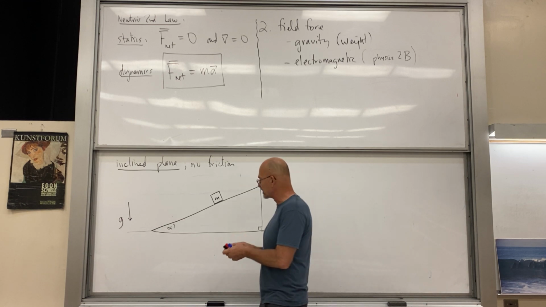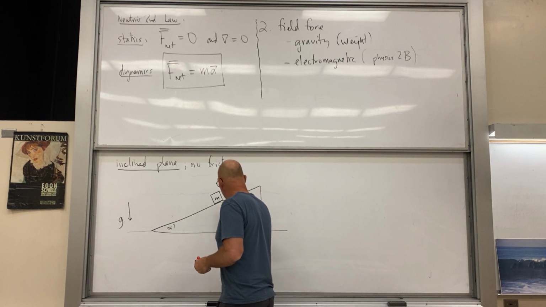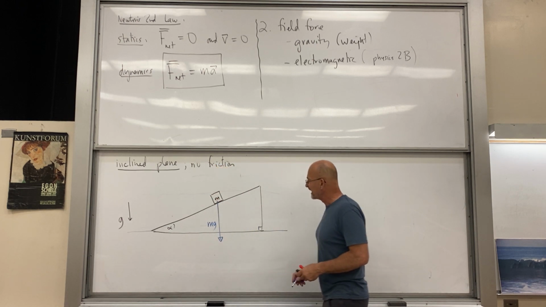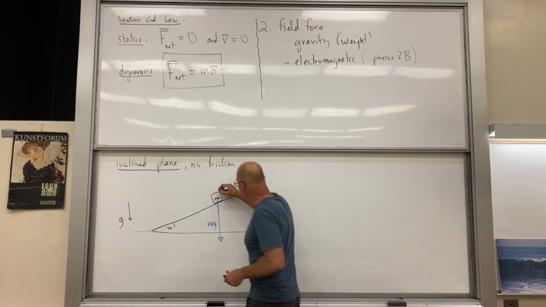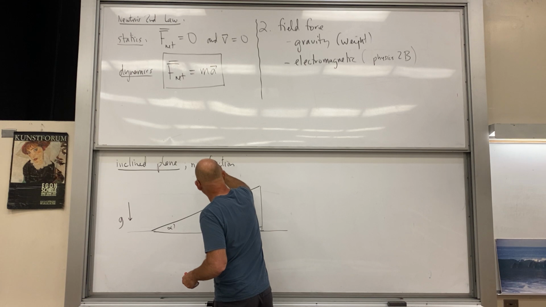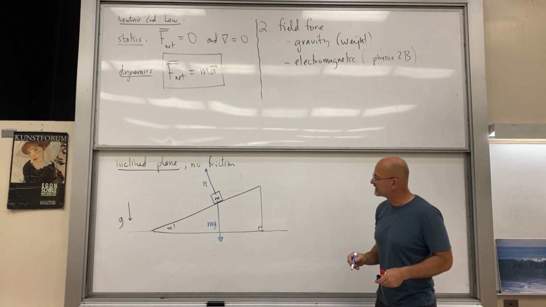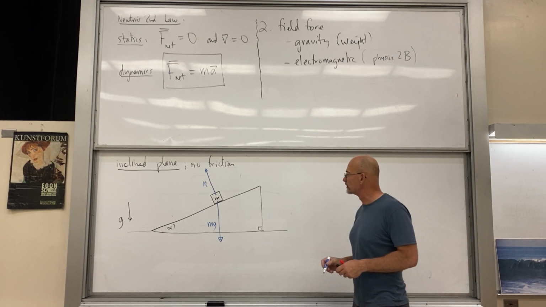Let's do our forces in blue. So we have mg, that's the weight, and as I showed before, we have that normal force, perpendicular, so that's N right there. Any other forces acting on it? No, just those two.